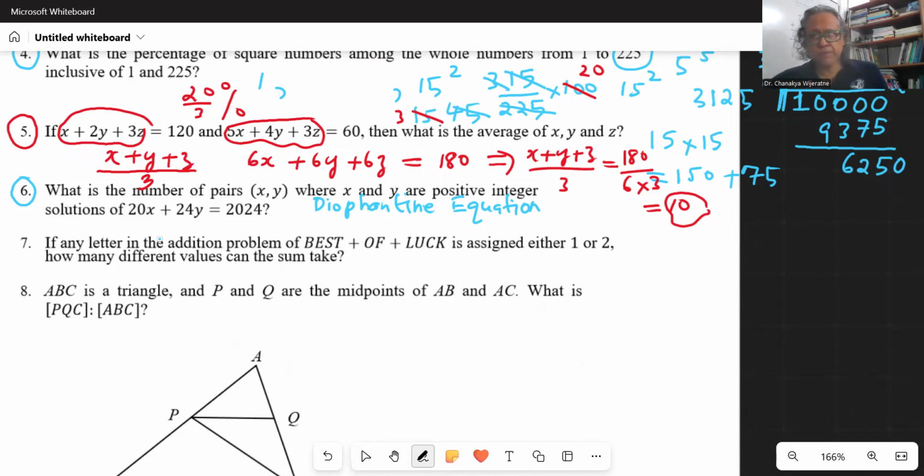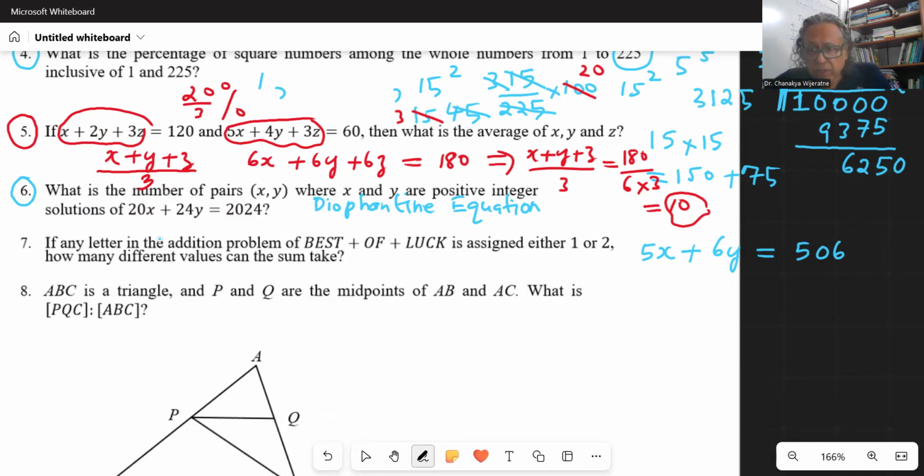How do we solve this? First I'm going to divide the whole equation by 4 to simplify things. 4 goes into 20 5 times, and then we get 5x plus 6y is equal to 506, that's how Americans pronounce it.